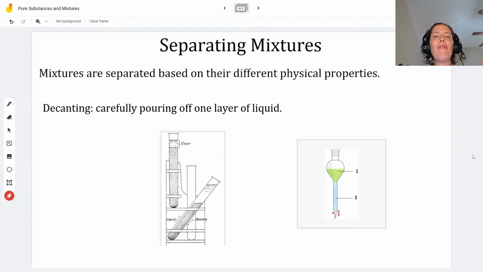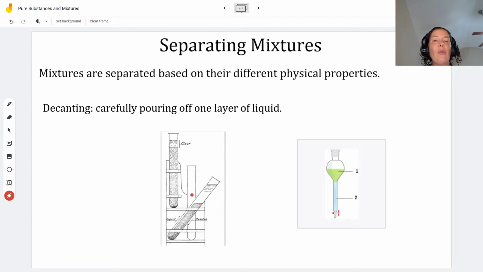There are a couple of very common techniques that we use. The first one, and you have probably actually used this one, is called decanting. This is where you carefully pour off one layer of liquid. You can see in this picture these two test tubes, and they've got some kind of residue down here, some kind of solid, and then a clear liquid on top.